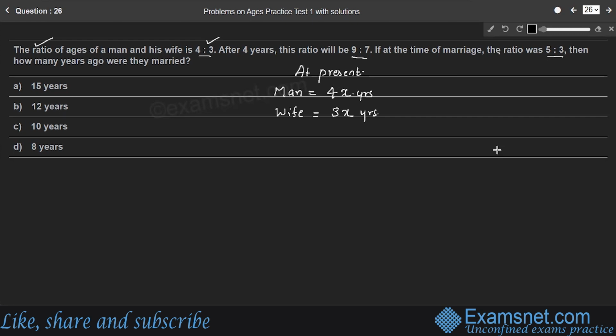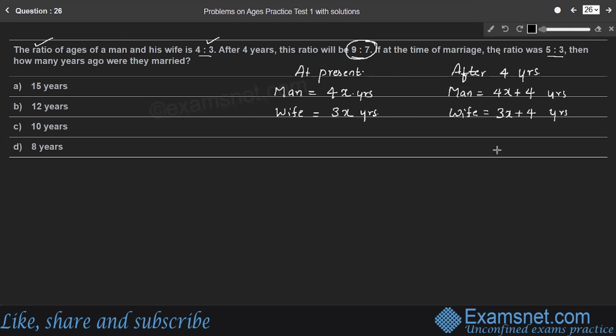So after 4 years, we'll consider their ages after 4 years. So man will be 4x plus 4 years old, and his wife will be 3x plus 4 years after 4 years. And the ratio of their ages will be 9:7.